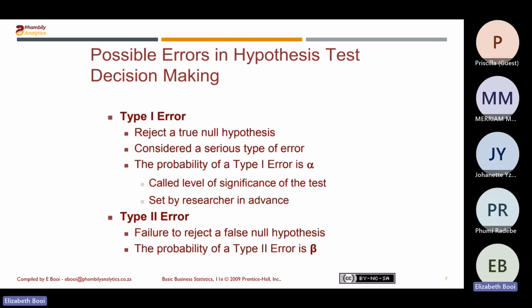A greater than or equal is a complement of a less than. So now we have created a false null hypothesis. If we do not reject that null hypothesis, we are committing what we call a type 2 error. And a type 2 error is denoted by beta, or that letter B.